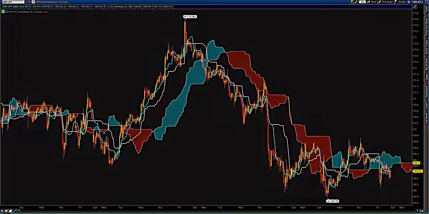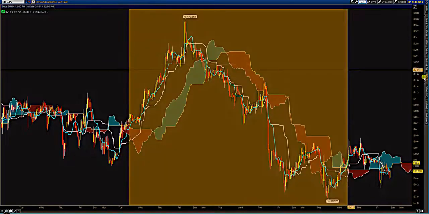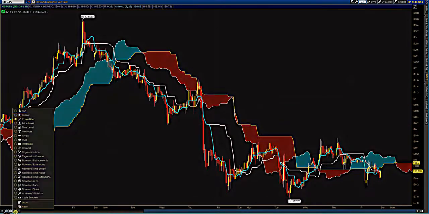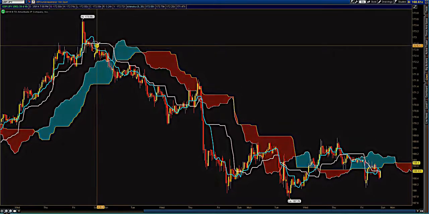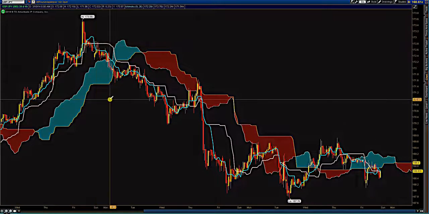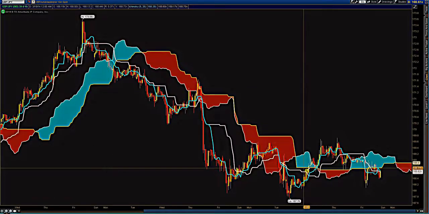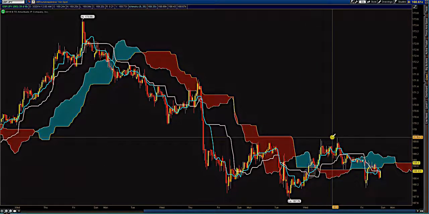Meaning if the 50 crosses above the 200, that's your golden cross, and if the 50 crosses below the 200, that's a death cross, and you should be looking for short opportunities. Similar situation here. If the Tenkan crosses below the Kijun, in this case right here, that's a bearish signal. If it crosses above it, like right here, that's a bullish signal.